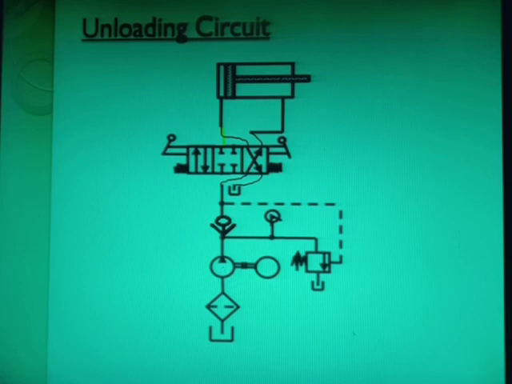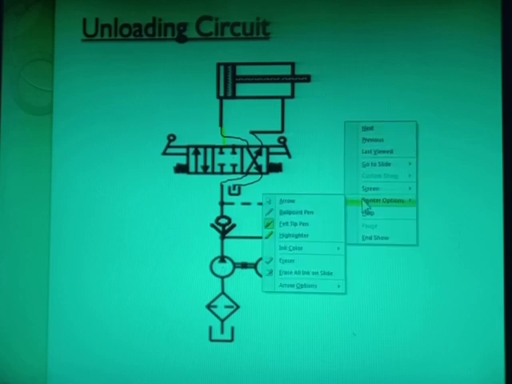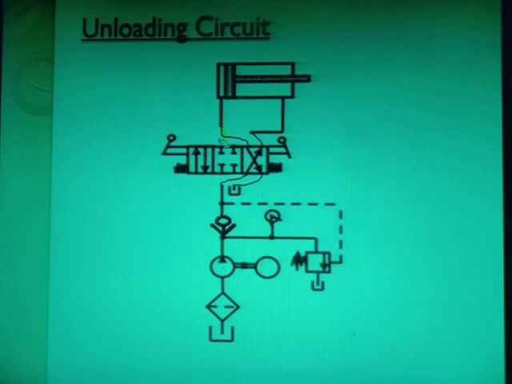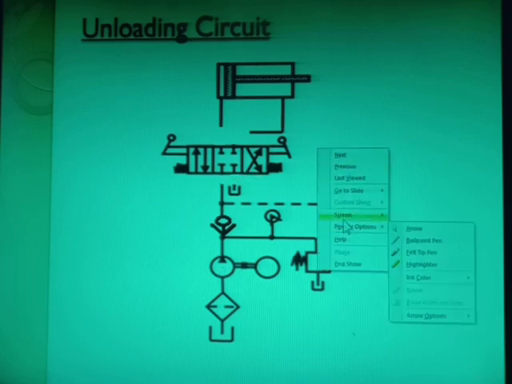But suppose in between this I change the position of the direction control valve and I bring it to the central position. Now see what will happen in that case. When I change to the central position of the direction control valve, this valve will have the connection like this. Now I will make the connection.